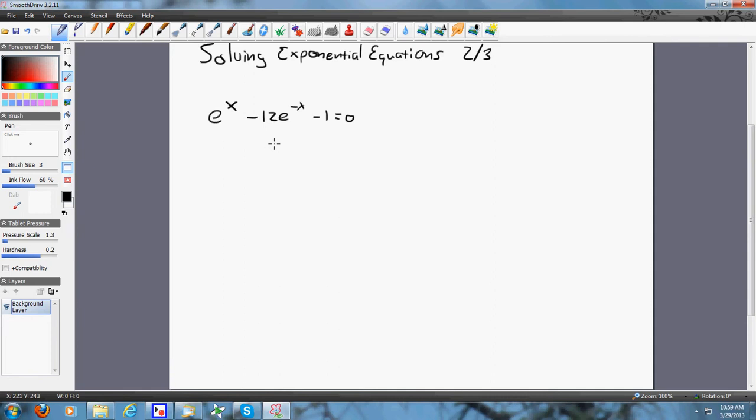Most people, very clever people, will be able to figure out what to do right away. I'm not that clever. But I do realize that e to the negative x is going to be a problem. So I'm going to make it 12 over e to the x, because e to the negative x equals 1 over e to the x, minus 1 equals 0.